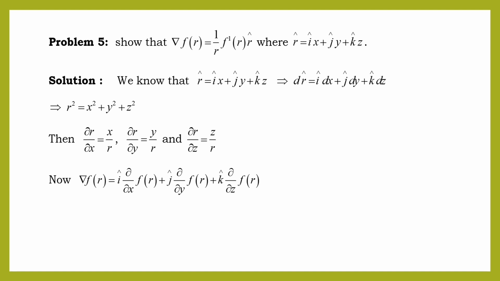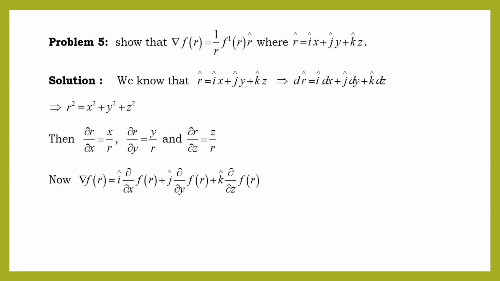Take r square equals x square plus y square plus z square and differentiate this with respect to x partially on both sides. It becomes 2r dou r by dou x equals 2x. From this we get dou r by dou x equals x by r. Similarly, dou r by dou y equals y by r and dou r by dou z equals z by r.